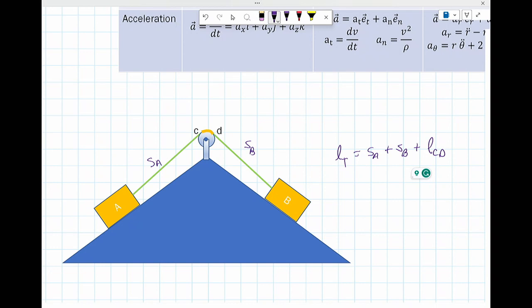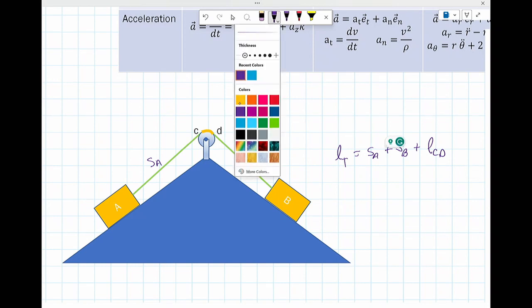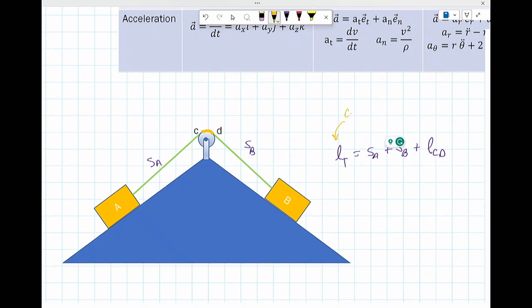LCD, on the other case, will never change. So that's going to be a constant length. So you have variable lengths, you have constant lengths that are sort of playing a role in this.